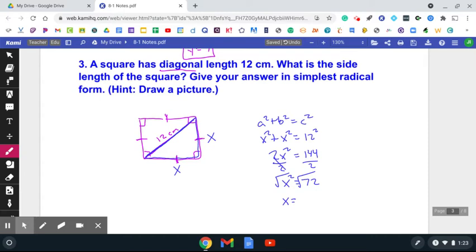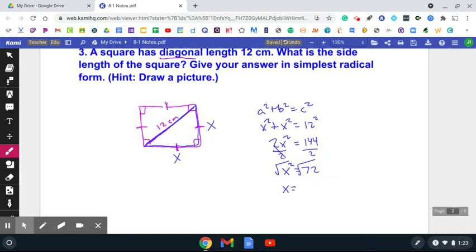And I was instructed to give my answer in simplest radical form. So if you try to take the square root of 72, you're going to end up with a decimal number out. So we need to come up with two numbers that multiply to 72, where one of them you could take the square root of. So one of them is a perfect square. So you might have to spend some time listing out perfect squares.